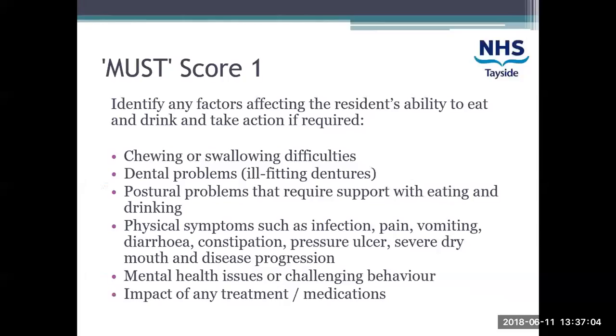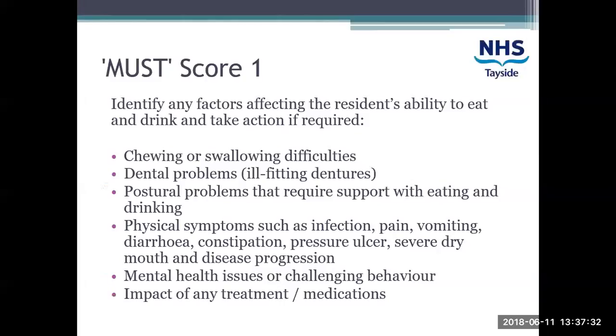For someone with postural problems that require support with their eating and drinking, just make sure these residents are getting supported. Physical symptoms, as we've discussed, infection, pain, vomiting, diarrhoea, constipation, all have a huge impact on someone's appetite and their intake. So it's about monitoring and treating these things to be overcome, and hopefully that will have a knock-on effect and improve their appetite.